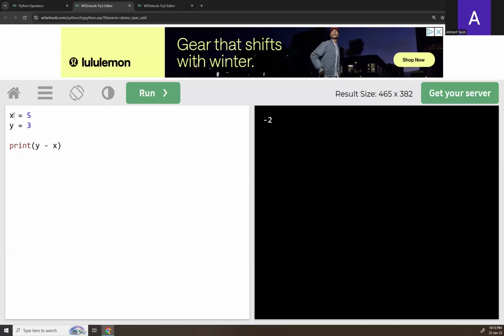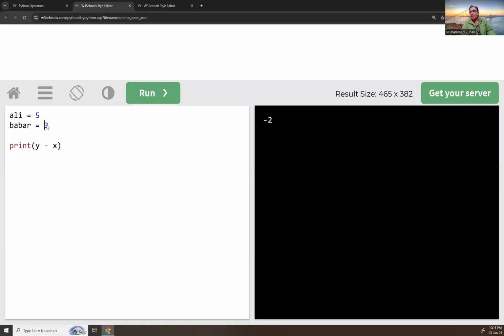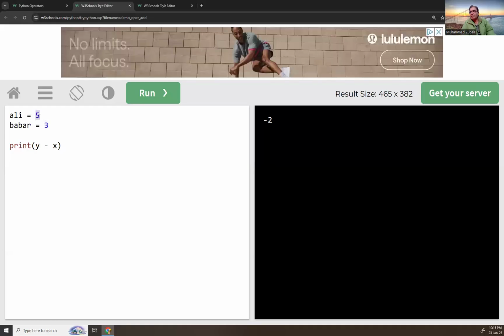I learned something new. Suppose this is Ali and this is Babar. Babar has 3 rupees and Ali has 5 rupees. If we try to solve this, Ali minus Babar, what will be the answer?